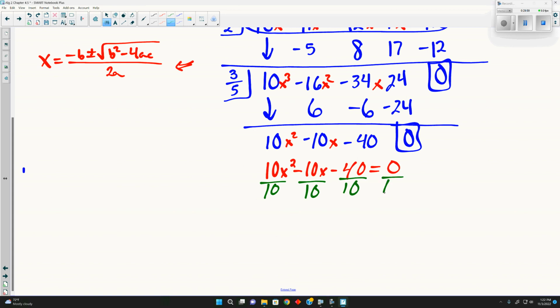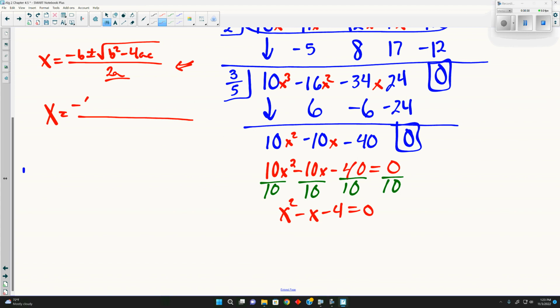I'd divide the whole thing by 10, because that'll give us x squared minus x minus 4 is equal to 0. Because if I plugged 10 in for a, for the denominator, we'd be looking at 20. If I plug 1 in, we're just looking at 2. I would have to get rid of that factor of 10. Already did.